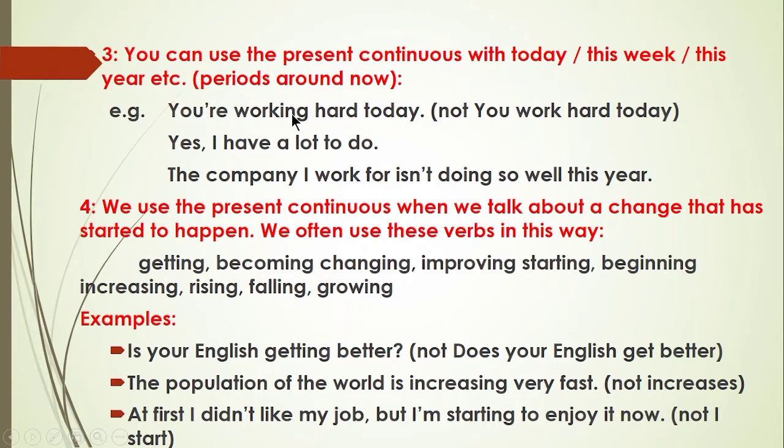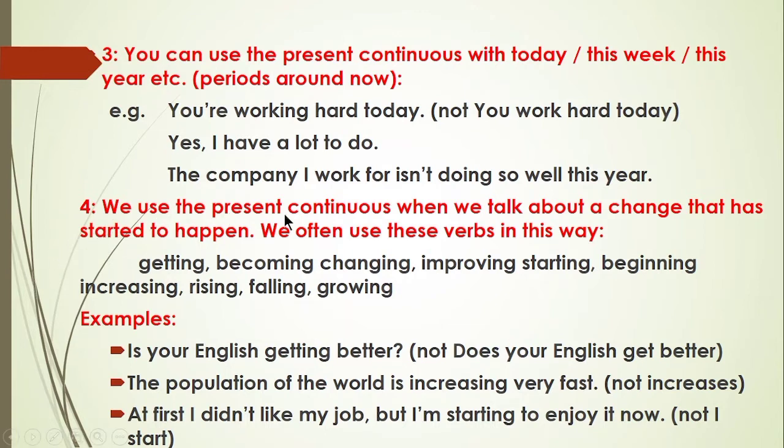It does not mean that the person is working right now, but we say you are working hard today, the entire day. And the person says, yes, I have a lot to do. And then he says, the company I work for is not doing so well this year. So we are talking about the entire year. We're not talking about this specific time, that is the current time. So we talk about the entire year.